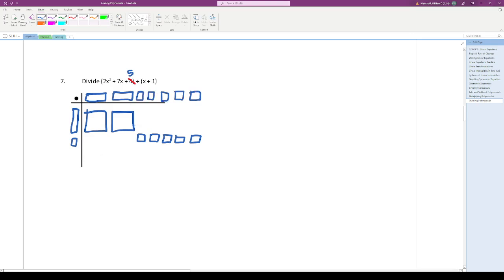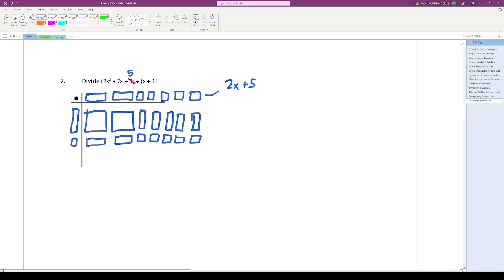Filling in all of our x's, we have 1, 2, 3, 4, 5, 6, and 7. So we end up with everything working out correctly, and our quotient is 2x plus 5.